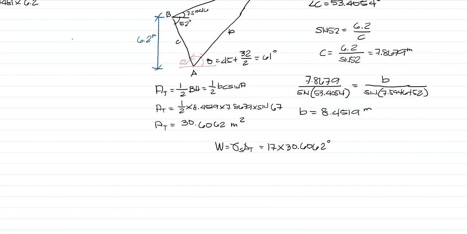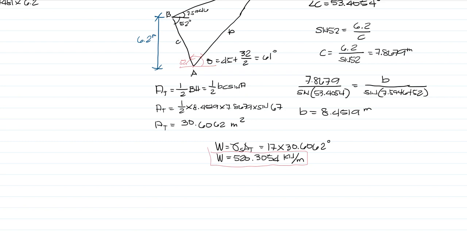So, calculating that one, we could get a value of W or the weight of the failure wedge equivalent to 520.3054. So, this is in kilonewton per meter. Ito na ngayon yung weight ng ating failure wedge for the active condition.